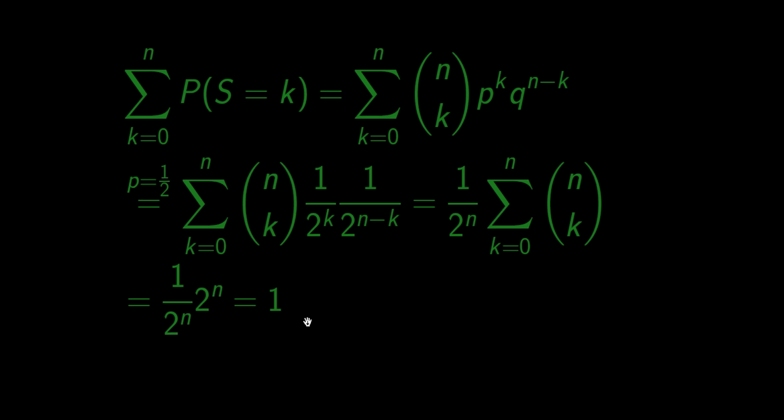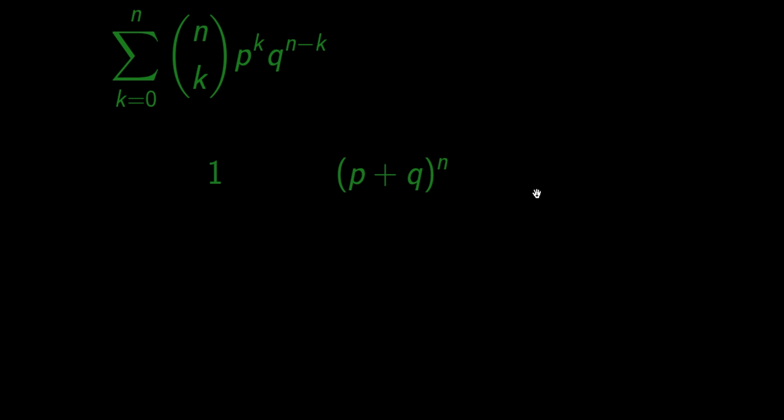But what about the general case? It turns out that we can do this calculation using polynomials and so-called Pascal's triangle. Let's write down how polynomial p plus q looks like depending on the power n. On the left, we write the coefficients of the polynomial.